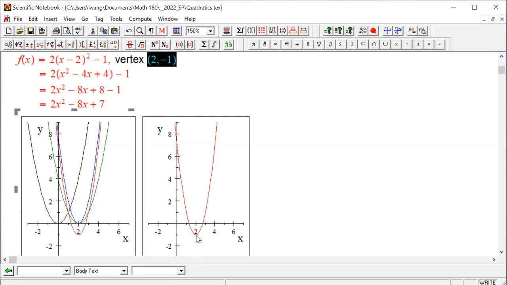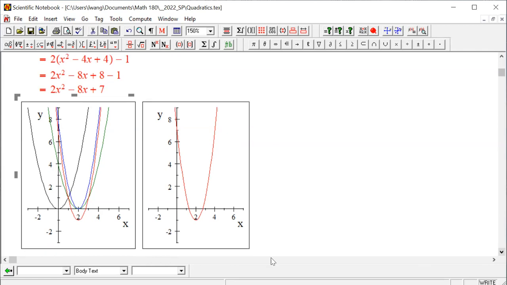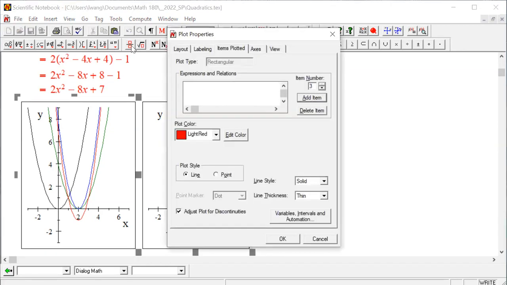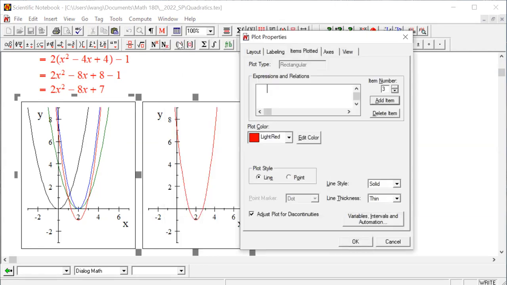The vertex here is the lowest point of this parabola. So I'm going to mark that point. That's going to be (2, -1). It's a red dot.